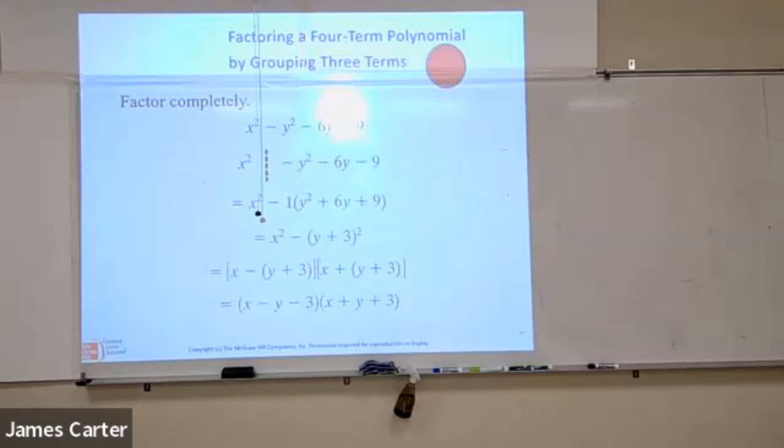Ultimately, if we distributed this x and then that y, negative y, and then that negative 3, we would come out with this answer. Here is your conjugate, your plus and your minus.